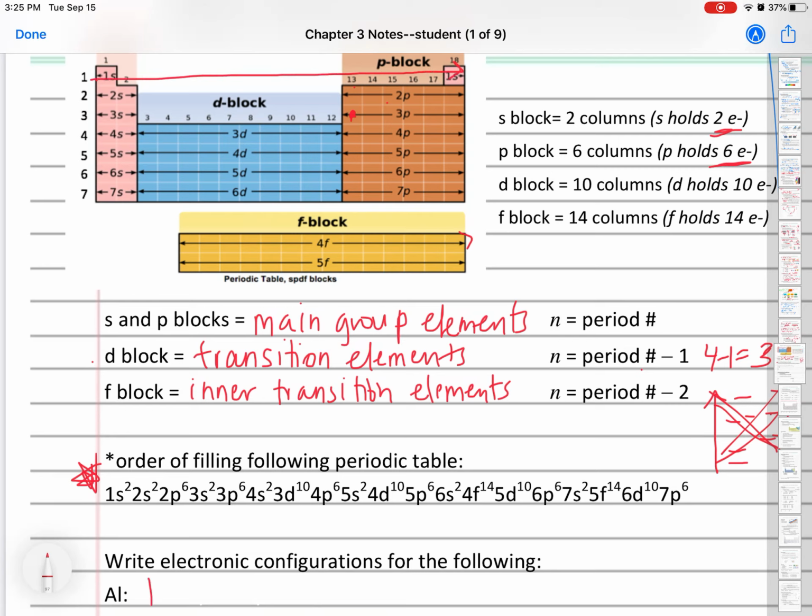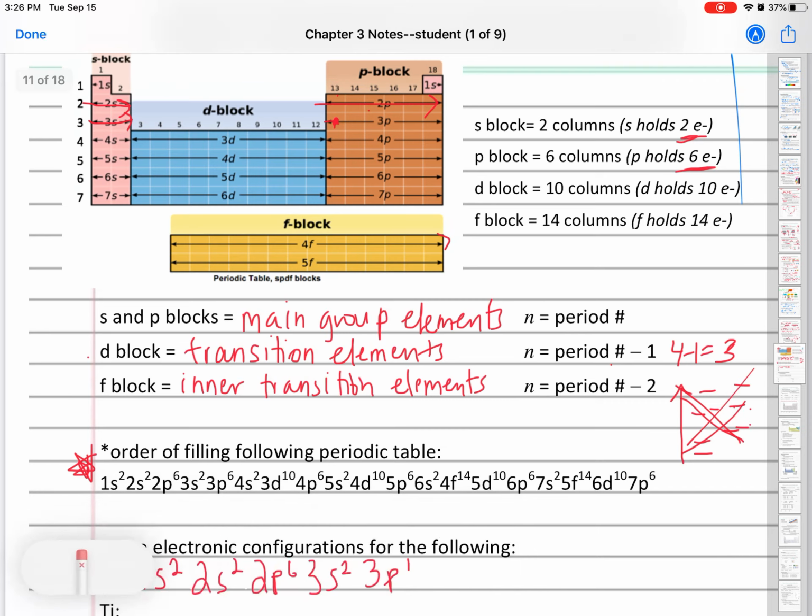So we have a full 1s, so we've got 1s2, and now 2s2, and now 2p6, and 3s2, and then we're at aluminum right there, the first P. So that's 3p1. And that would be aluminum's electronic configuration.